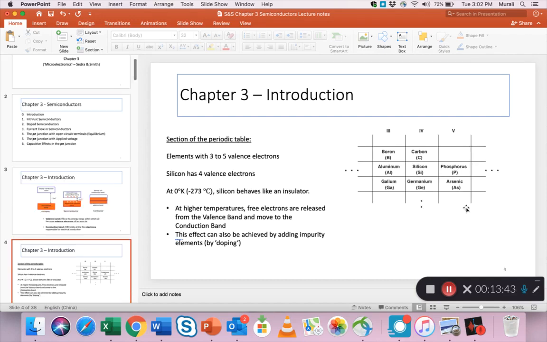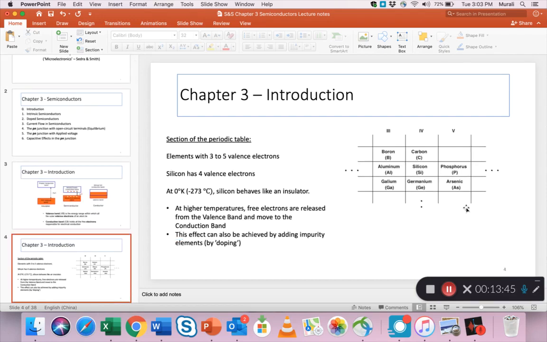Okay, all right, so one or two more slides, and then we should get into the real material in the chapter. Here is a section of the periodic table.